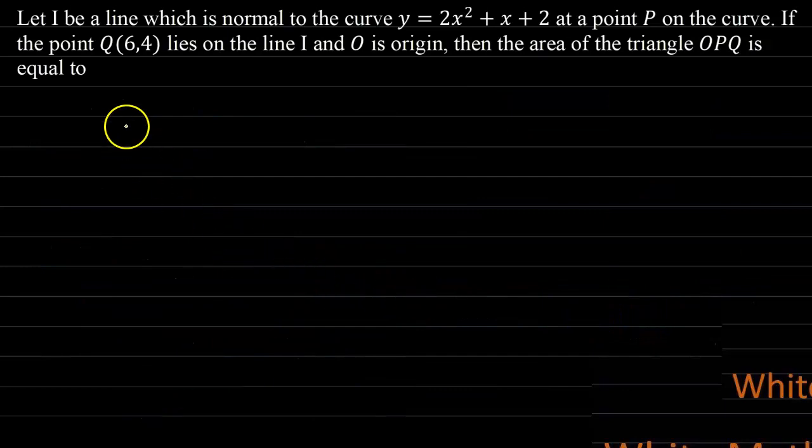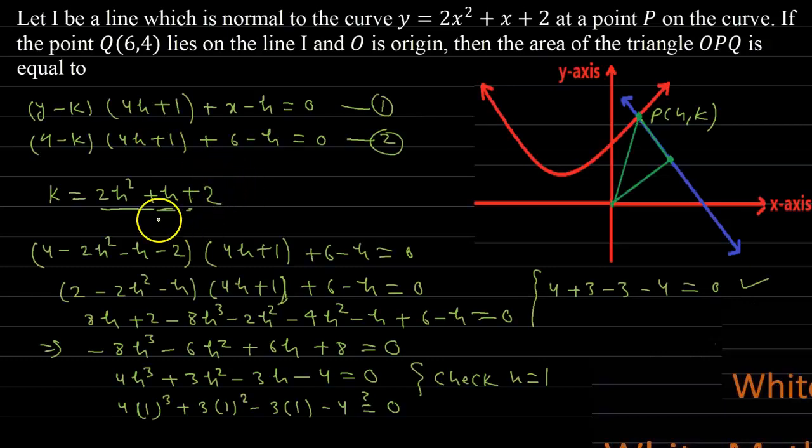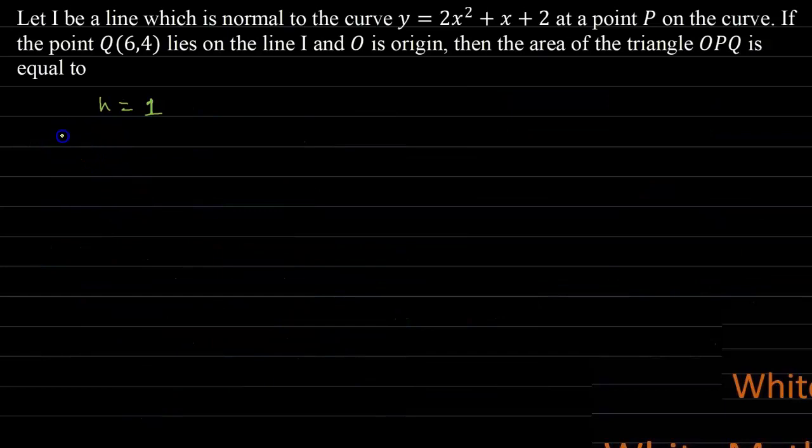That means the value of h is equal to 1. Now in this equation, suppose this is third, put h = 1. Then k = 2(1) + 1 + 2, that is k = 5. So the coordinates of the point P will be (1, 5).